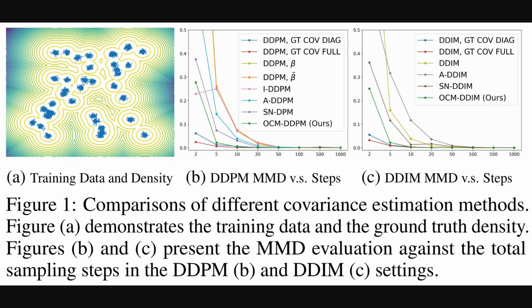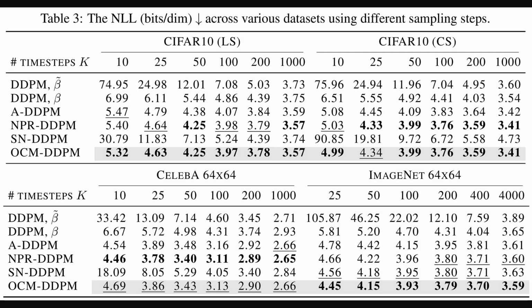The optimal covariance matching lines show a quicker drop to lower maximum mean discrepancy, suggesting it more accurately estimates the covariance with fewer steps. Okay, so after examining how closely generated samples match real ones using maximum mean discrepancy, Table 3 now presents results for negative log likelihood. Remember, this score indicates how well the model has learned the underlying data patterns, and lower is better.